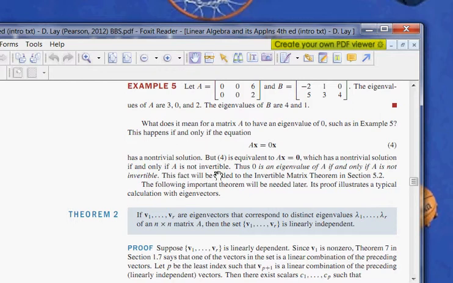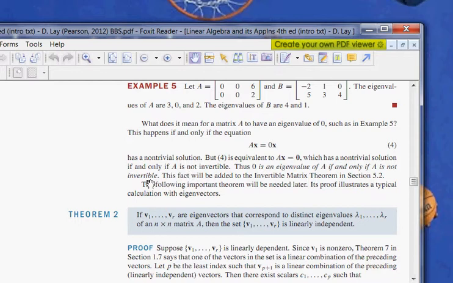Therefore, 0 is an eigenvalue of A if and only if A is not invertible, okay? This condition of a non-trivial solution dates back to the definition, and I already read the definition, so if this doesn't make sense, read the definition, okay? I'll read this again. Thus, 0 is an eigenvalue of A if and only if A is not invertible.